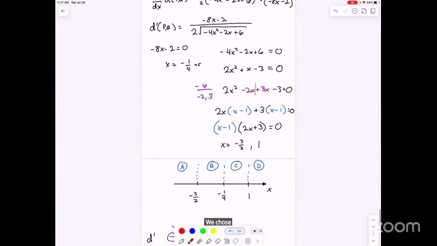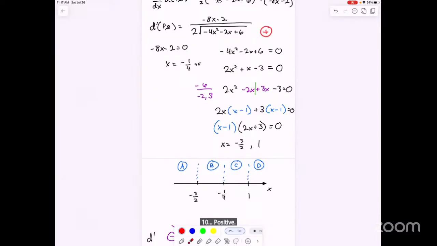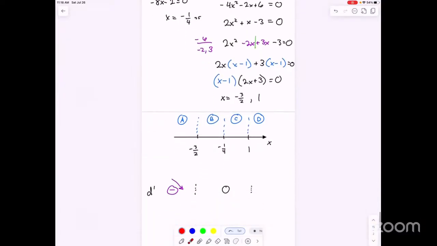We chose negative 2 there. Yeah, positive. Yeah, because we can't take the square root of a negative. Okay, it looks like the bottom might always be positive. I forgot about the square root when I did it before. It looks like this guy was positive.